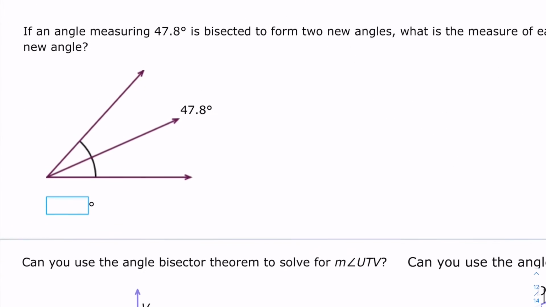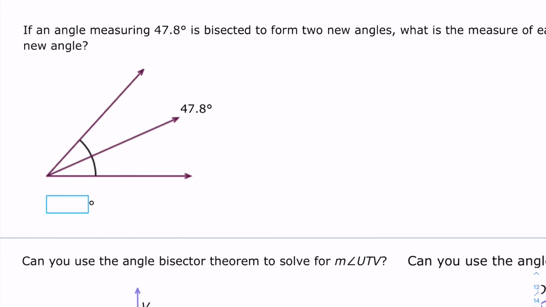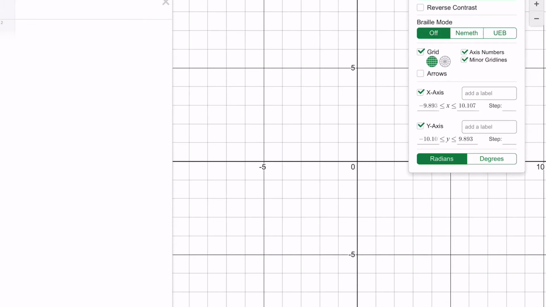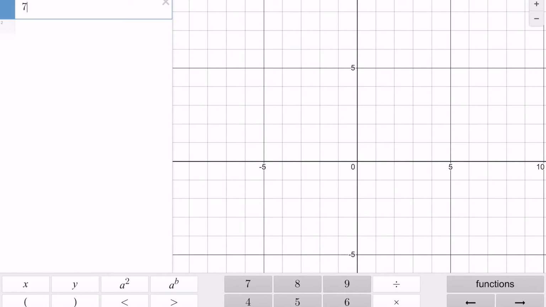And the next one, an angle measuring 47.8 degrees is bisected to form two new angles. So 47.8 divided by 2. Now this has a decimal, so you can bring up Desmos if you want. So 47.8 divided by 2.